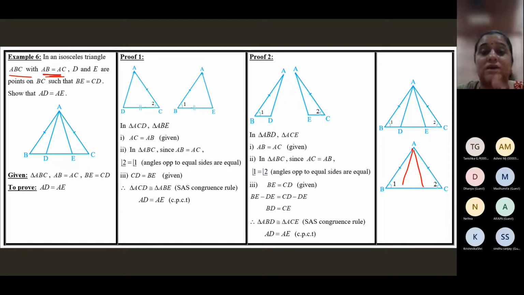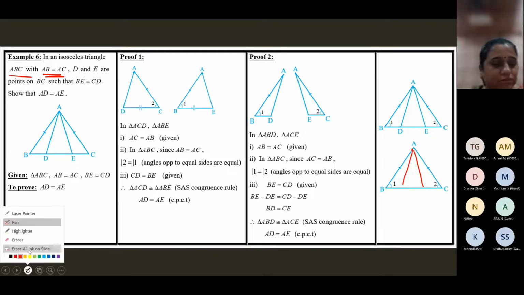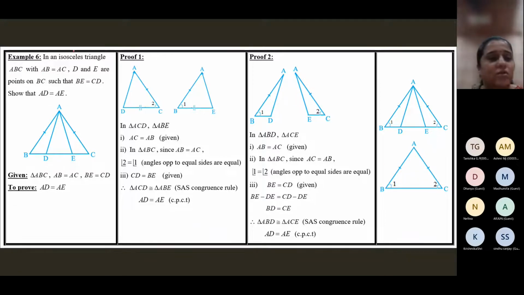To use that property, you must take the triangle alone, meaning there should be no other line segments inside the triangle. Otherwise you cannot make out the angles opposite to the sides given. Take only the triangle and use the property. That is why I've done this here, in triangle ABC, AB is equal to AC.